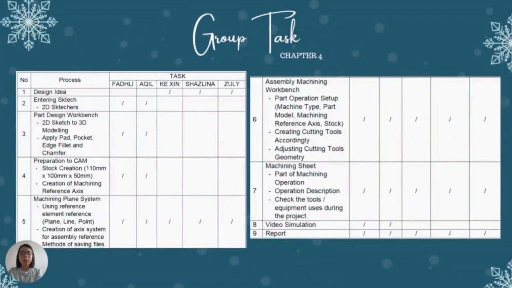The process done by all of our group members is machining plan system, assembly machining workbench, and machining sheet. The process done by Fadli and Akil is video simulation. And for the last one, the report is done by all of our group members.